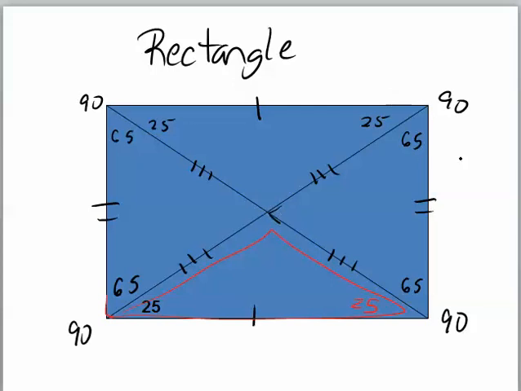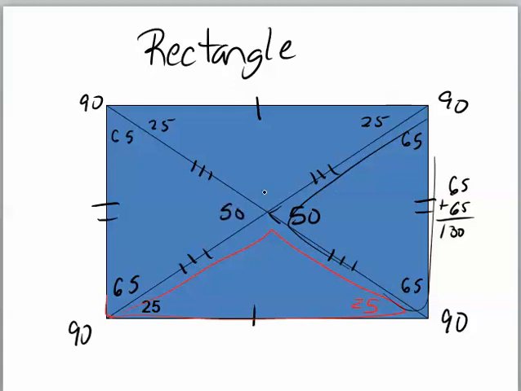We're going to do 65 plus 65. We'll get 130, and the 180 triangle minus 130 means this angle in the center is 50. Vertical angles would tell us this one is also 50. A couple different ways we can find this top center angle. I'm going to use my triangle being 180 degrees.